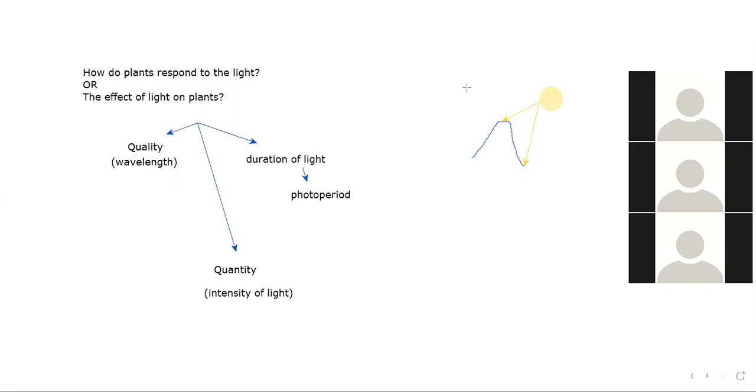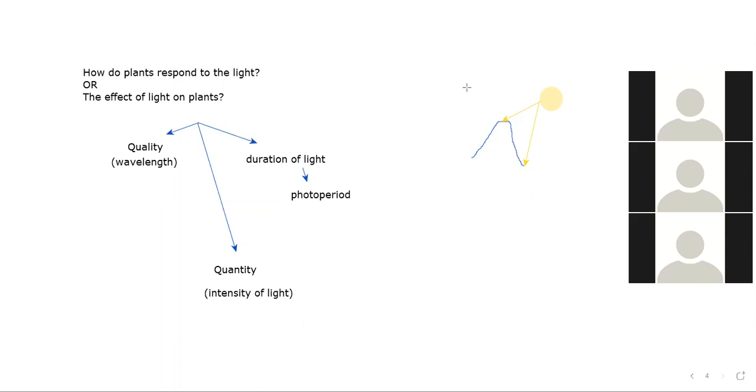This part of the spectrum of electromagnetic radiation is known as photosynthetically active radiation. I also told you that wavelength increases from left to right on the spectrum and energy increases from right to left.